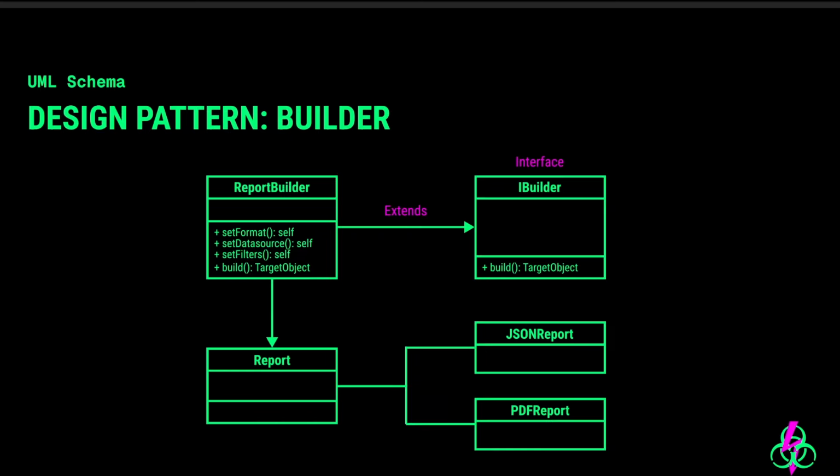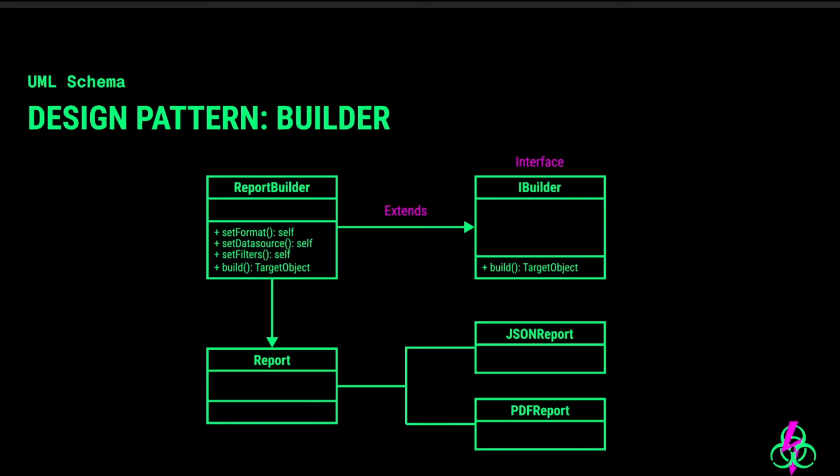It's just example functions, but there can be as many as you want. There can be not only setter functions, but many other different functions. And this report builder, this is the main class that will be used by us in our application to build reports. Because in the end, you can see that we get report, and this report can be in different formats like a JSON report or PDF report.